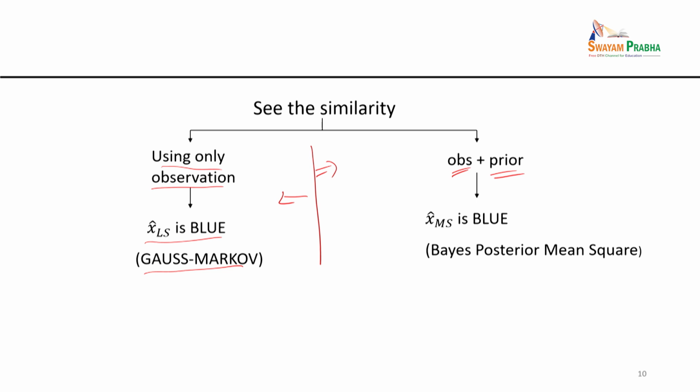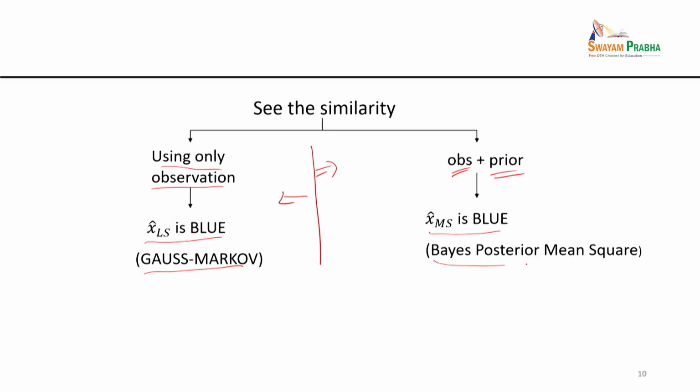By invoking the Bayes rule, we were able to show that the Bayes posterior conditional mean, this X hat MS, it is a posterior conditional mean, is a BLUE, the best linear unbiased estimate.